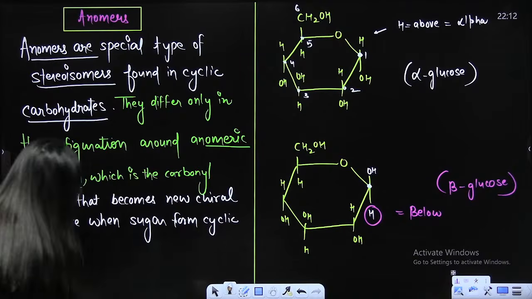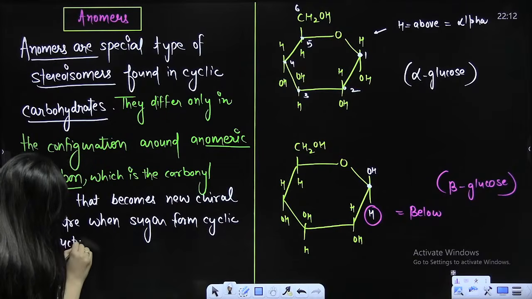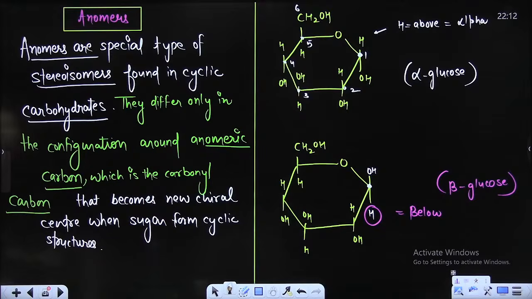Simple. So these are what your anomers are. In alpha, the OH will be in the opposite direction to that CH2OH. You can see that.